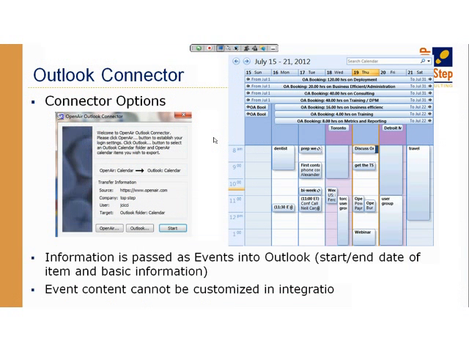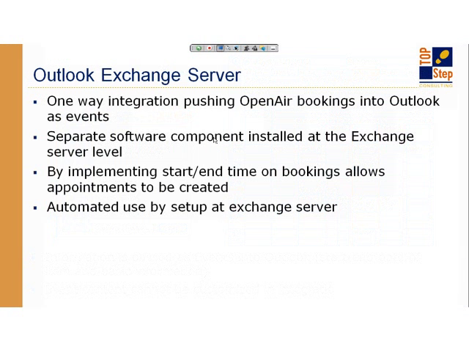That's absolutely true. So another option that's available from OpenAir is this Exchange Server Outlook integration. What that does is at the Exchange Server level, it is still a one-way from OpenAir into Outlook, but you can customize your OpenAir bookings to use a start and end time.